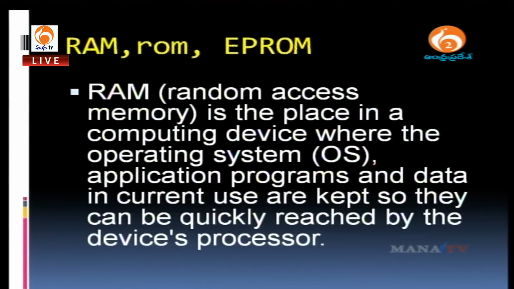Just read this one. Random access memory is a place in a computing device where the operating system, applications, programs and data in current use are kept, so they can be quickly reached by the device's processor. Meanwhile, if you have any questions, you can call this number which is scrolling.